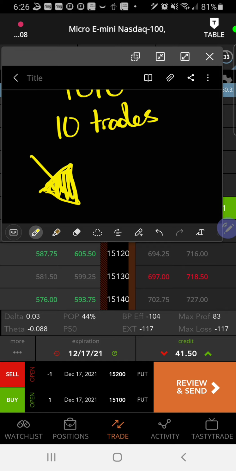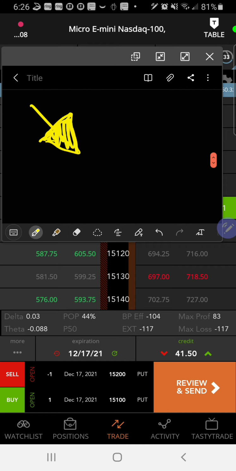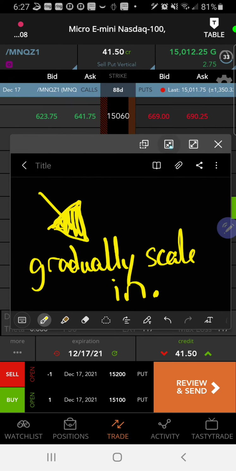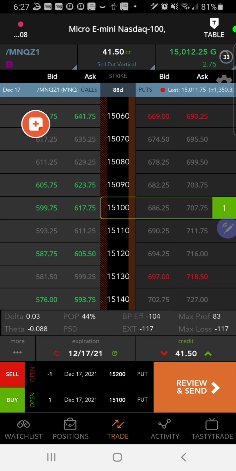I mean, I know people who will put all of their quantity in all at once in one order and just let them all be filled. I don't do that. I always gradually scale in. And I'm going to tell you the reason why. You never know if that down move is done. It can continue to go down as much as possible.